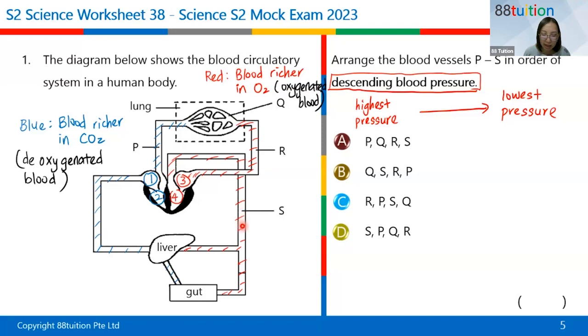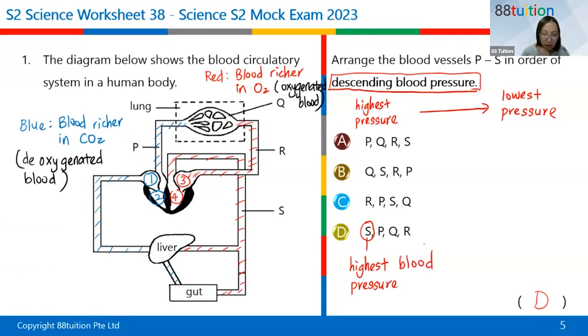So highest pressure is S, followed by P, followed by Q, followed by R. So in this sequence, the answer should be D. This one is the highest pressure in the blood.